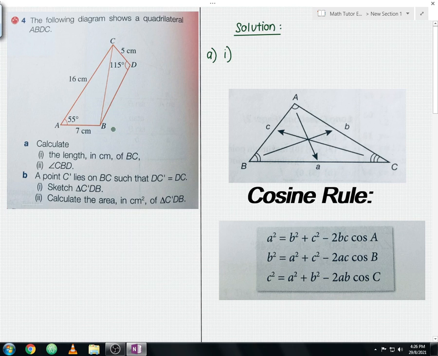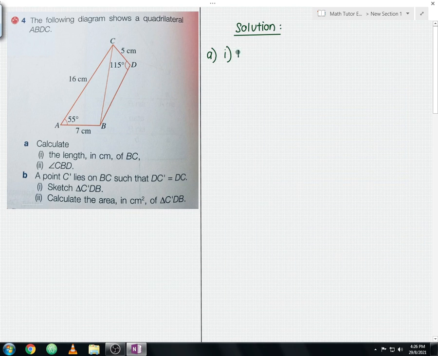So from here, BC square is equals to 16 square plus 7 square minus 2 times 16 times 7 times cos 55 degree.